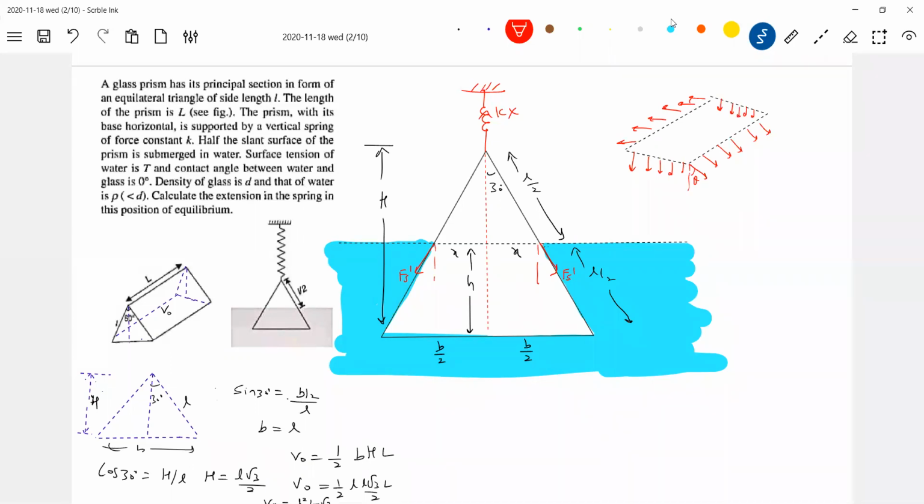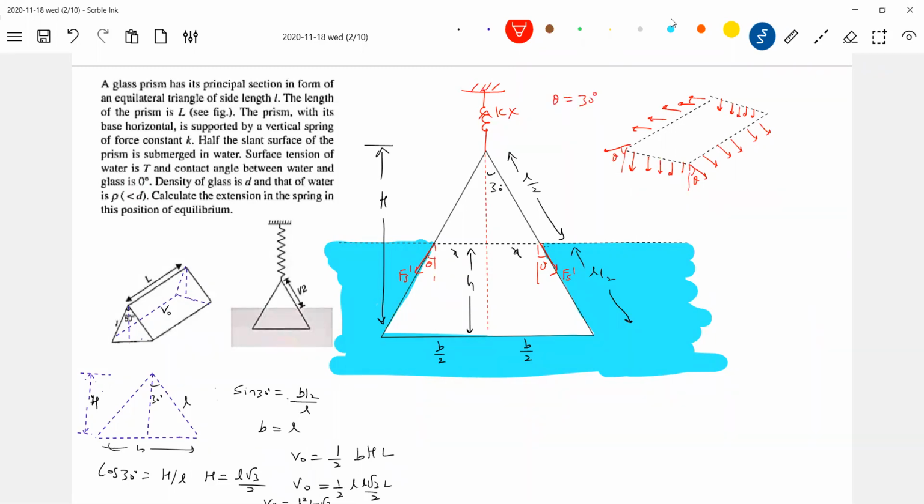I think you should have that imagination. On the slant face, the force due to suffocation will act along the slant. These are vertical faces, no? On the vertical faces, force due to suffocation will act vertically down because the angle of contact is 0. Able to notice that? Anyway, theta will be 30 degrees, that we know. Theta will be 30 degrees.